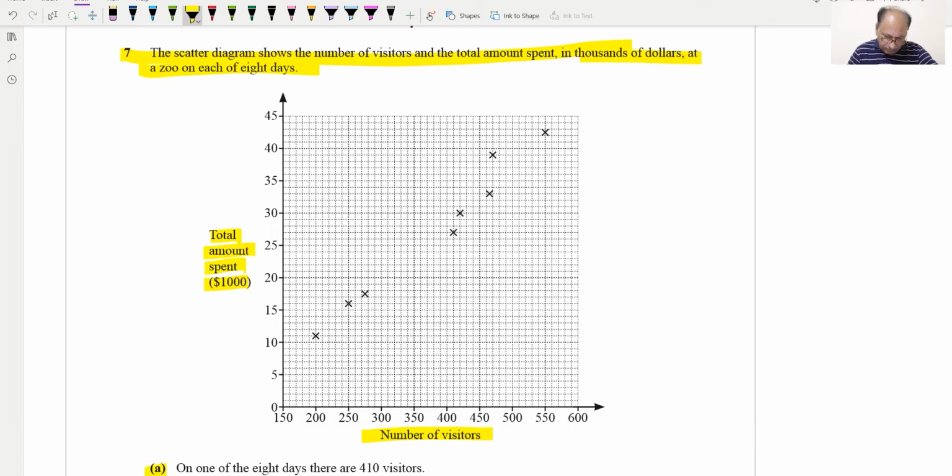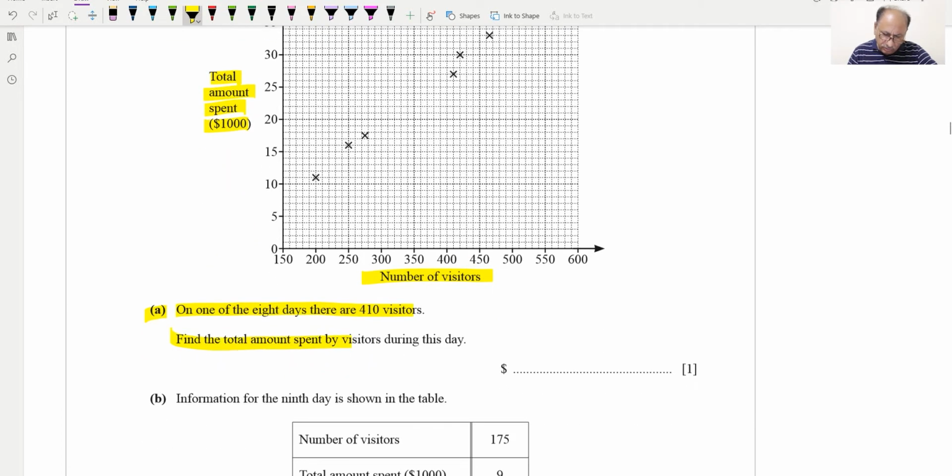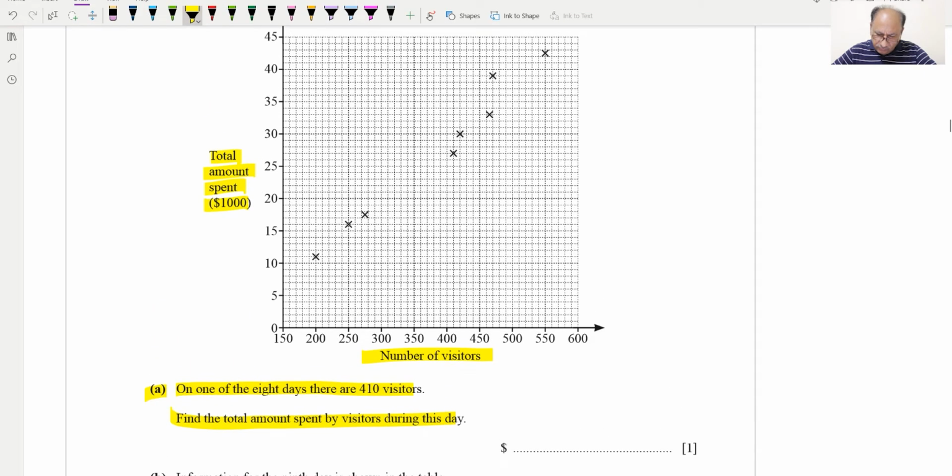For part A, on one of the 8 days there are 410 visitors, and we have to find the total amount spent by visitors during this day. So we have to check the reference for 410. 400 is this one, so 410 will be this line, and we can draw the reference.